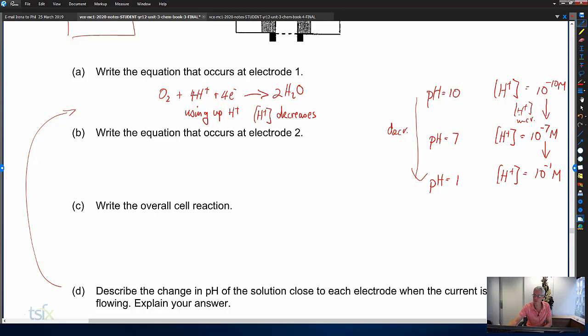Decreasing pH goes that way, the opposite way to here, so going up, the pH is increasing. So at electrode 1, if the H+ decreases, pH increases.